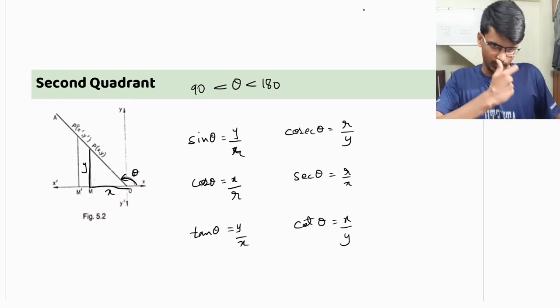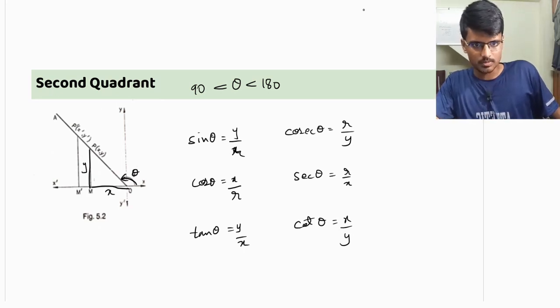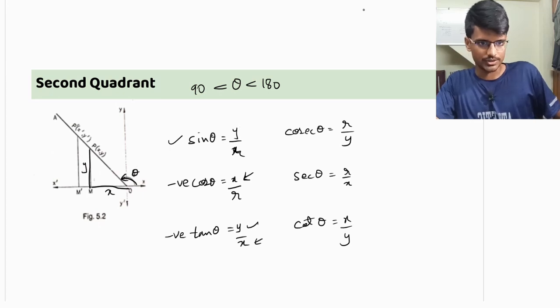If you see here, y is positive, so sine theta is positive. But when I come to cos theta, my x will be negative and r will always be positive, so cos is negative. Tan is y by x, where y is positive but x is negative, so this will also be negative. R by y is positive, so cosec is positive, sec is negative, and cot is also negative.